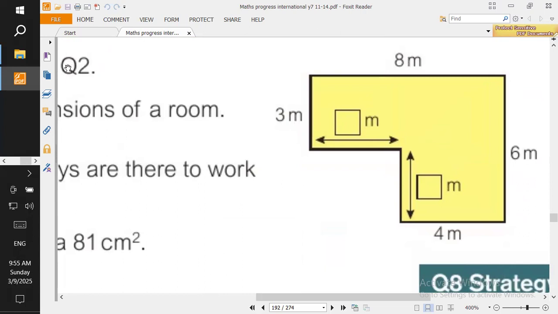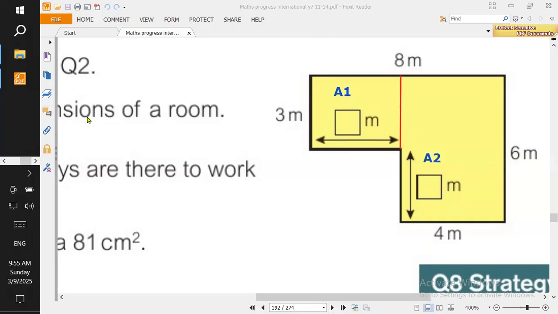So first, we separate the shapes. Let's separate them from here. And then we find the missing lines so we can find the area of both shapes. So this one, we will call it A1 or area 1. And this one should be A2 or area 2. So let's find the missing lines.